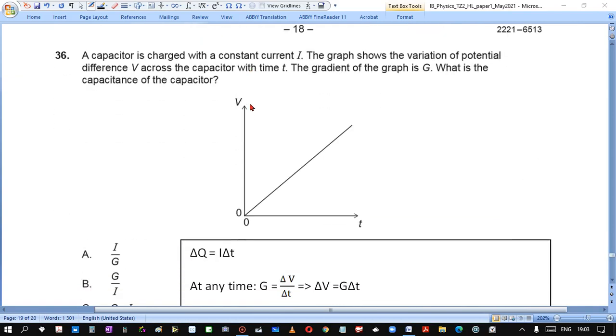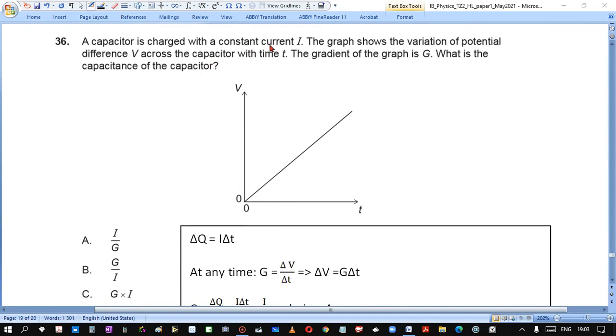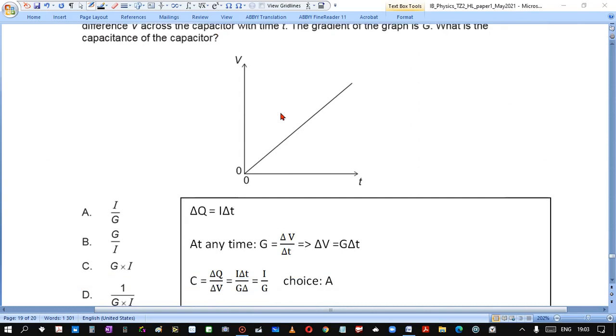Question 36. A capacitor is charged with a constant current I. The graph shows the variation of potential difference across the capacitor with time. The gradient of the graph is G. What is the capacitance of the capacitor?